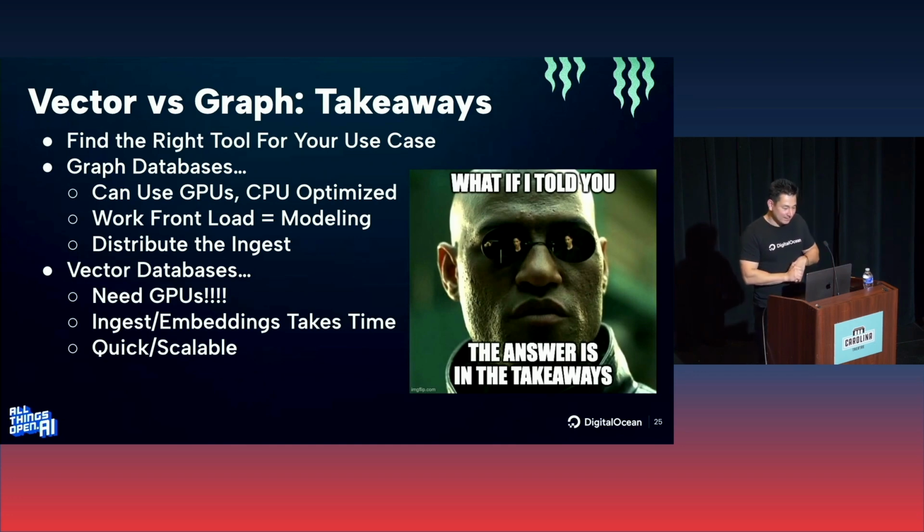Vector versus graph, key takeaways here. Find the right tool for your use case. You always hear, do the due diligence, definitely evaluate all the different options that are out there, even the ones that I didn't cover today. Some of these other ones, like Redis, you can do graph in memory, and there are reasons for wanting to do that. But in this particular case, some graph databases are accelerated by GPUs, which is interesting, but most of them are CPU optimized.